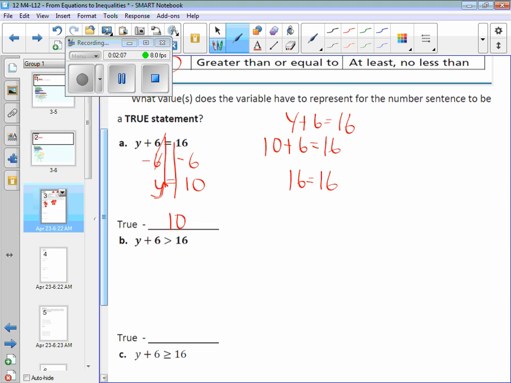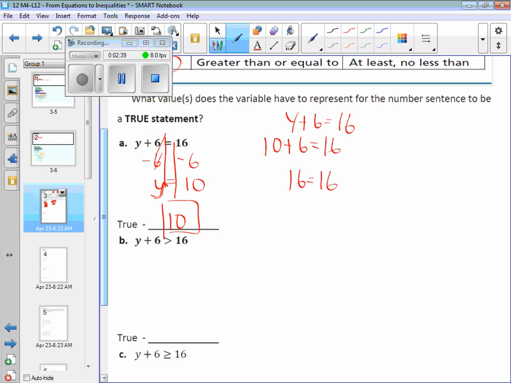There's no other value that's going to make the statement true. Because if I substitute it in, 10 plus 6 is 16. 9 plus 6 is not 16. And 11 plus 6 is not 16. Only 10 plus 6 is 16. So the only value that makes the equation true or balanced, remember we go back to an equation being like a scale, is 10.